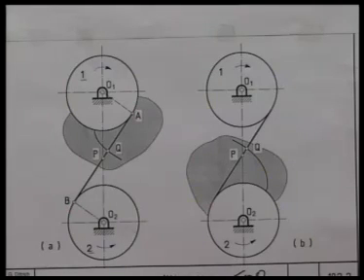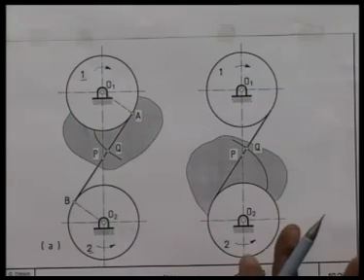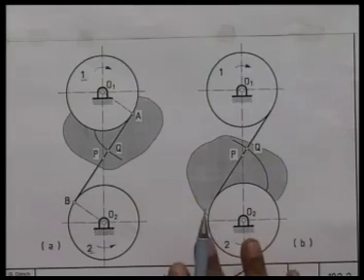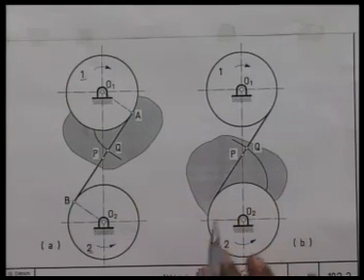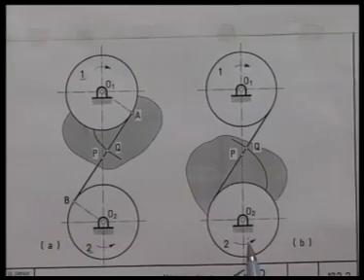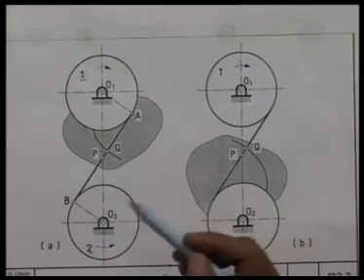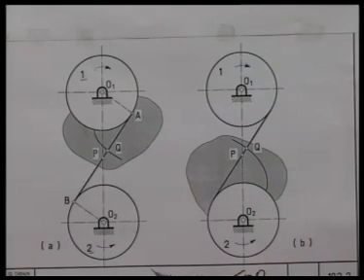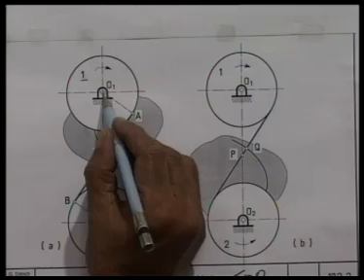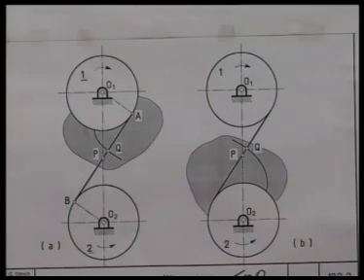As I said just now, let me now explain how a pair of involute tooth profiles can maintain conjugate action, that is, they can transmit constant angular velocity ratio satisfying the fundamental law of gearing. This we shall do by an analogy with a pulley and cross belt drive. Let us say this is one pulley, pulley number 1, which can rotate about the point O1.